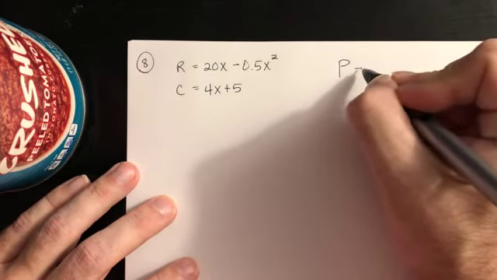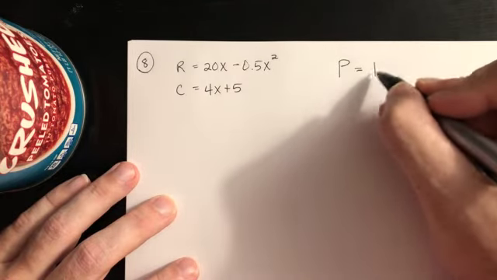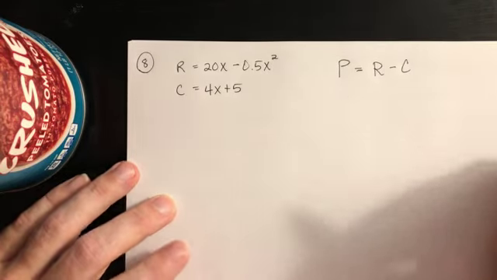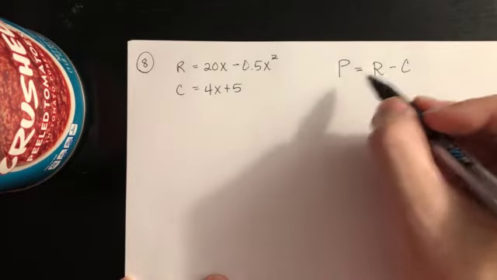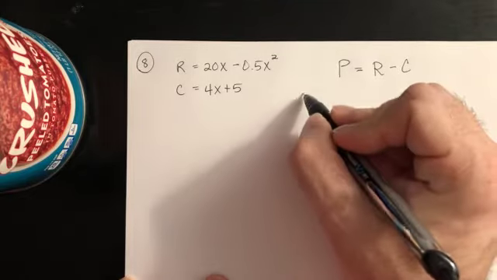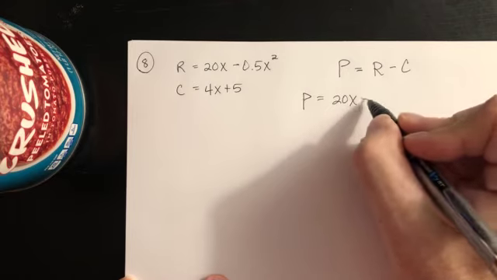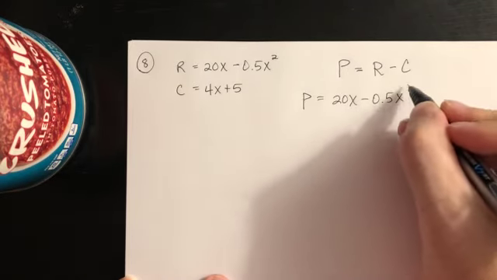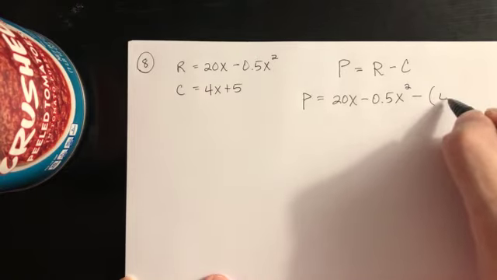So profit is your equation. And profit is always found by revenue minus costs. So whatever you make minus whatever you spent, that's profit. So we're going to plug those two in for R and C, and this one will only have one variable, which is lovely. So 20x minus 0.5x squared, and then minus parentheses 4x plus 5.